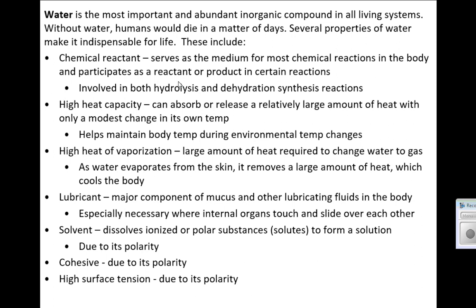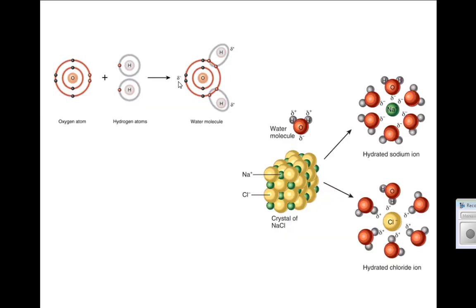Cohesiveness and high surface tension are due to polarity, which we learned about the other day can be shown with the way that we form water molecules. That's due to polar covalent bonds between the oxygen and the two hydrogens, where those electrons are shared unequally, which means you end up with a slightly negative region and a slightly positive region on the water molecule.